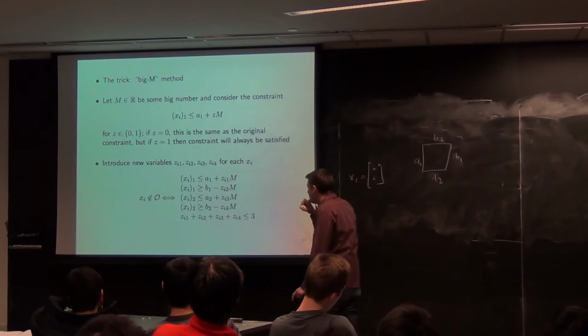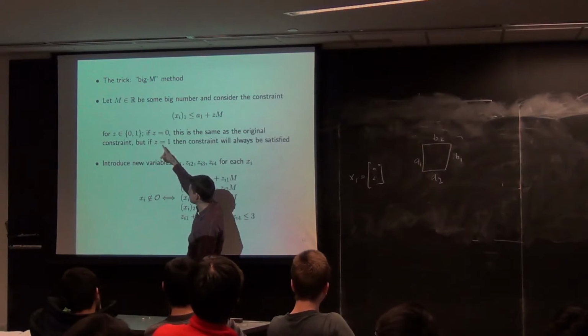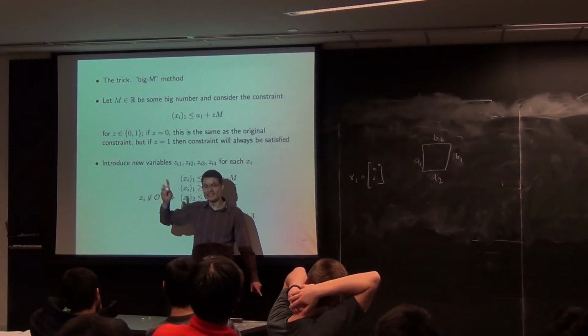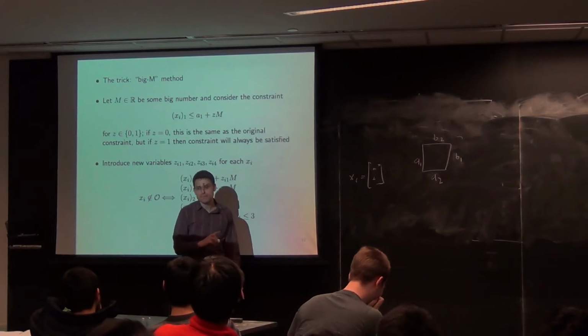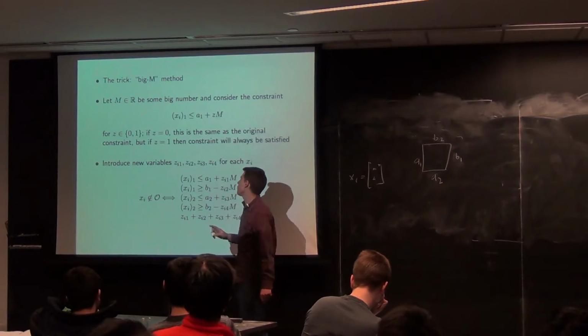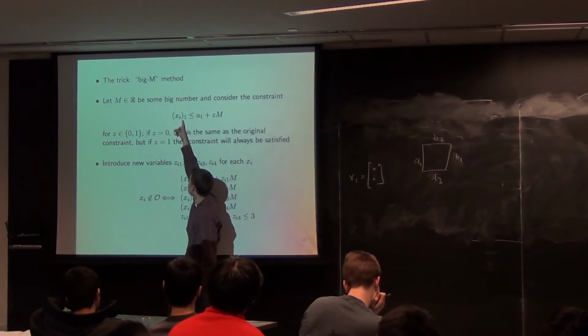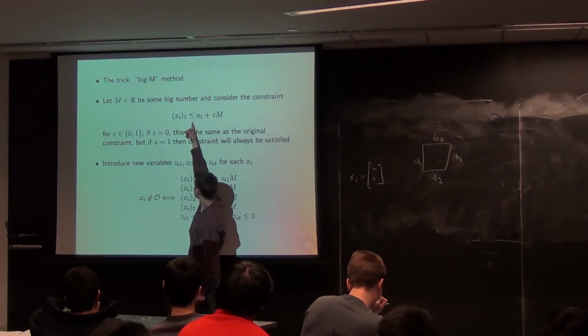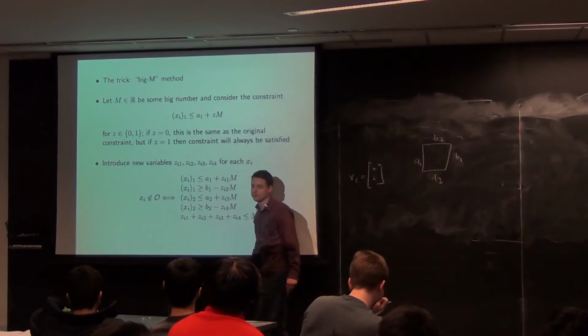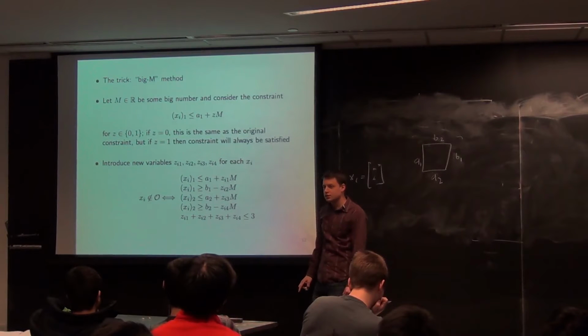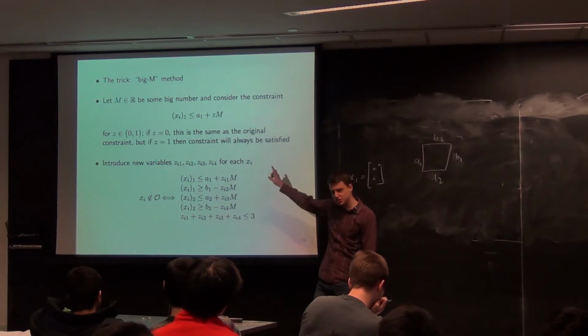Now suppose z is one binary variable, and I have this constraint: x1 is less than or equal to a1 plus z times M.